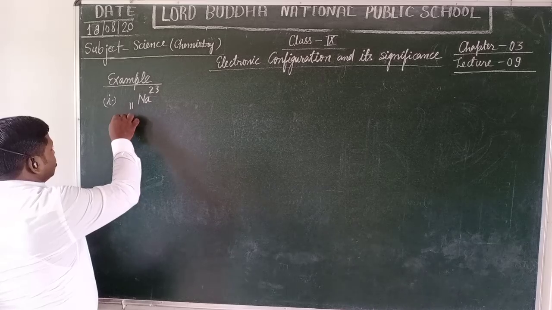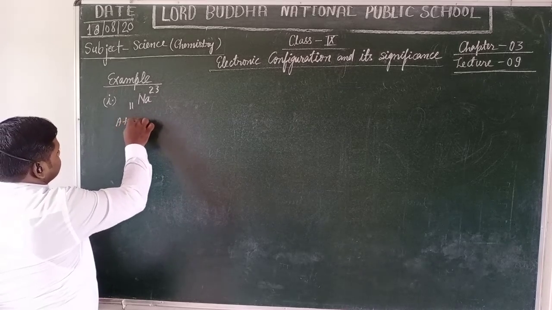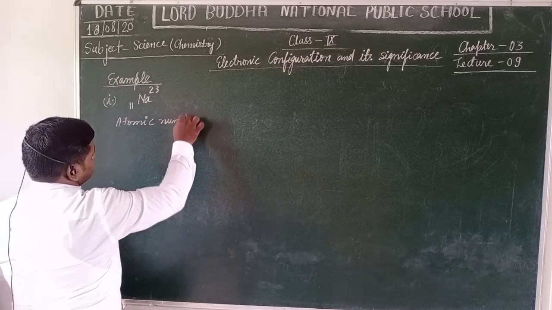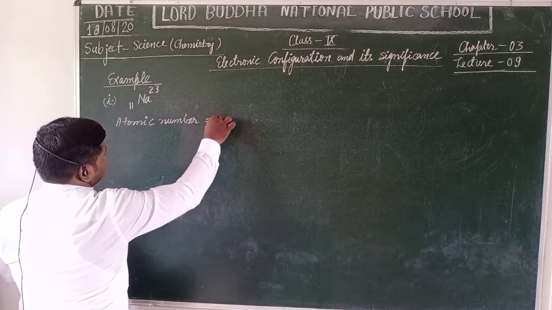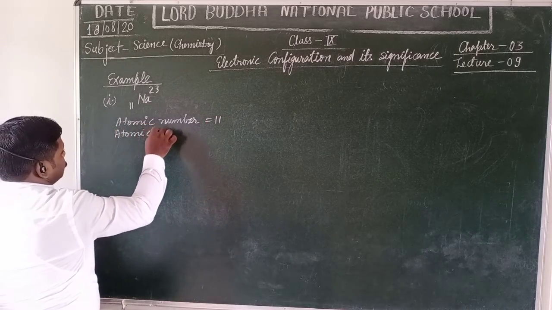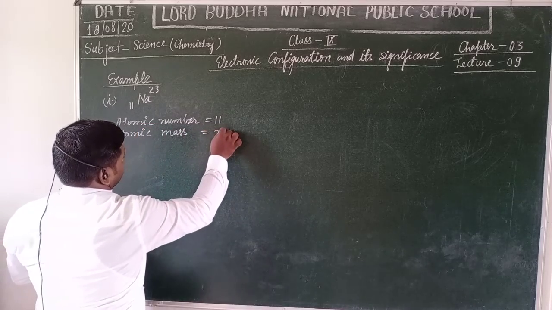Number of electrons: first I write here the atomic number. Atomic number of sodium is 11, atomic mass number is equal to 23.